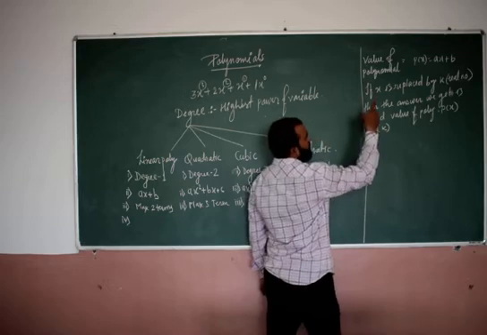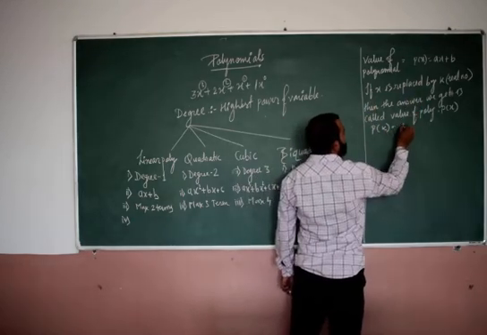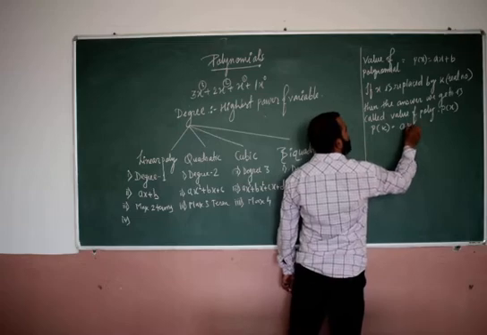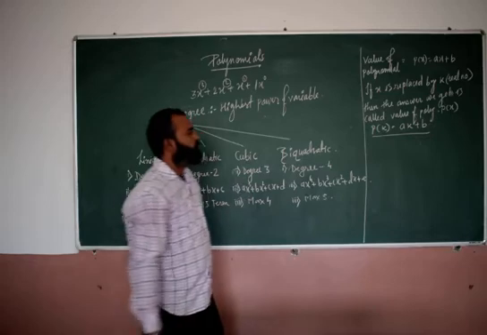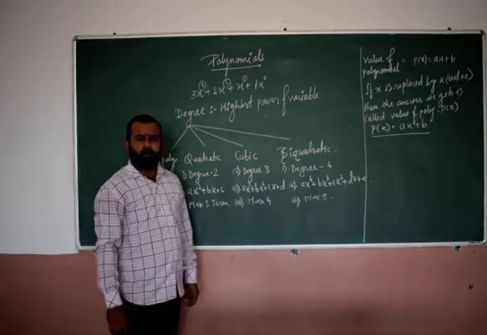And what will p of k be? Replace x with k in ax plus b, so it is ak plus b. This is nothing but the value of the polynomial at k.